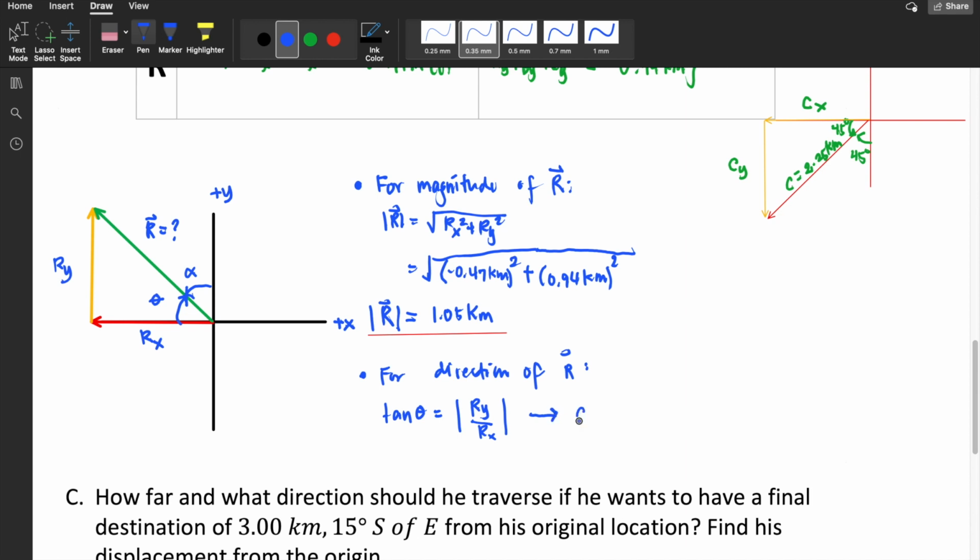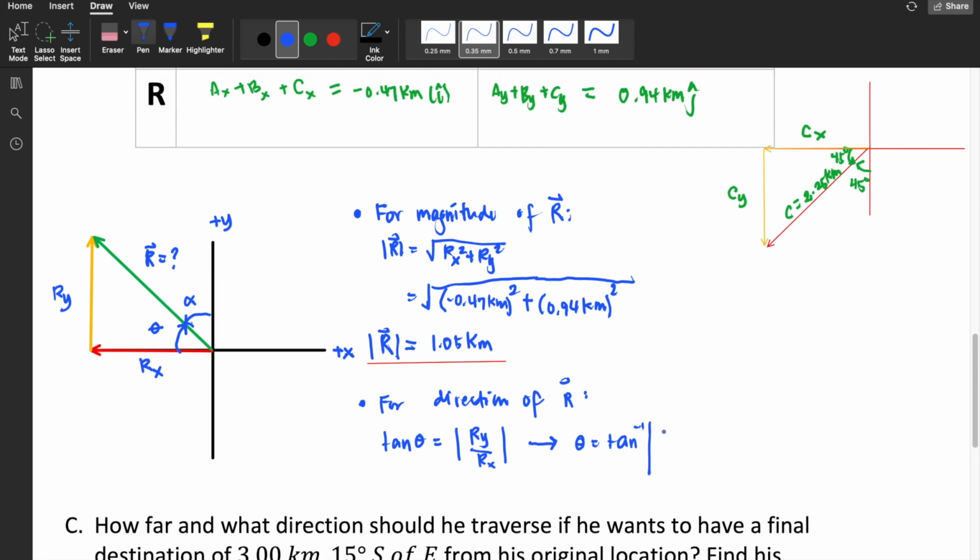So here, your theta is simply equal to tan inverse of the absolute value of Ry over Rx, which is 0.94 kilometers all over negative 0.47 kilometers. The units cancel out, so you'll have an answer of 63.4 degrees.